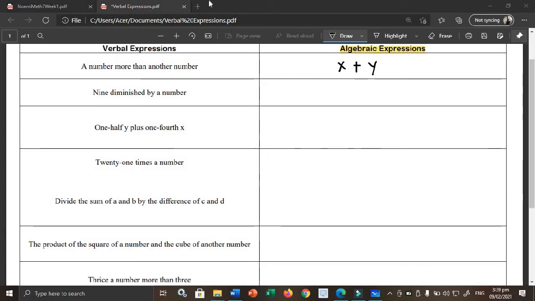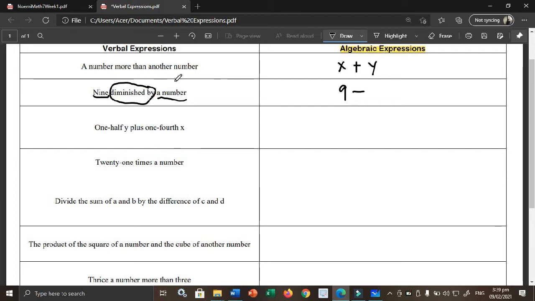And then the next one is 9 diminished by a number. As you can see, dito sa second example, may specific na number na nakasulat in words, diba? So there's no problem. 9. And then when we say diminished by, it involves subtraction, pinawasan, no? So 9 minus a number. A number, again, there's no specific number or variable na binigay.